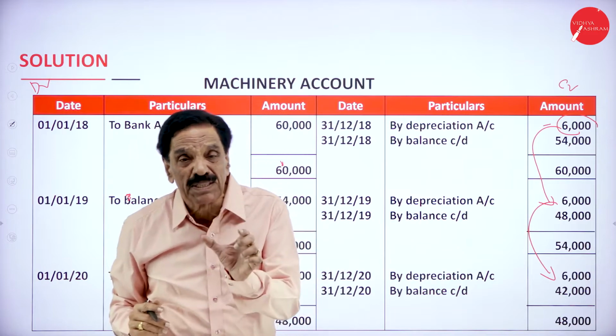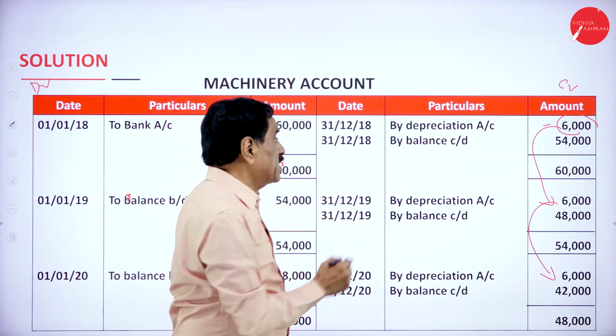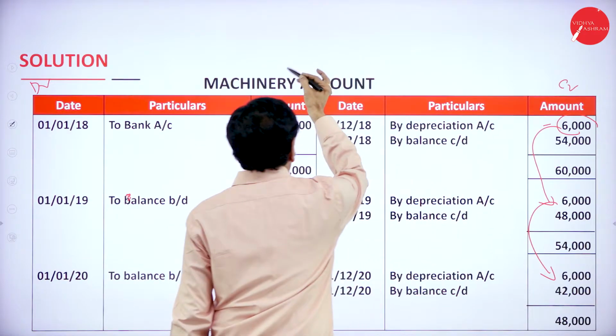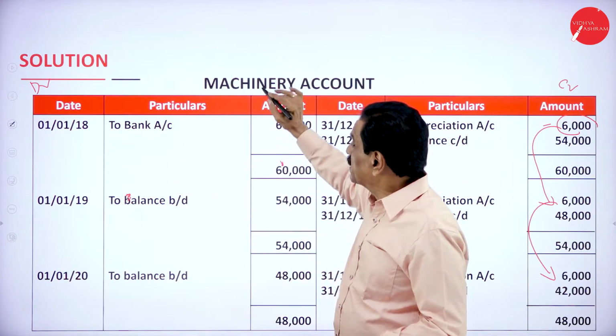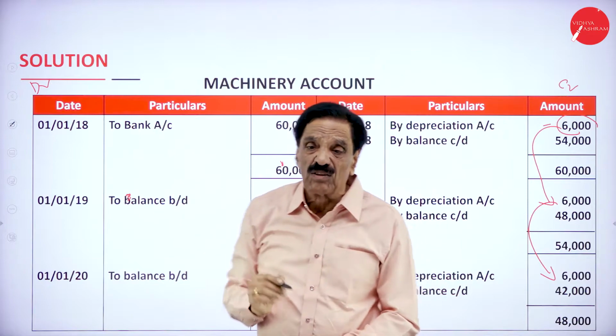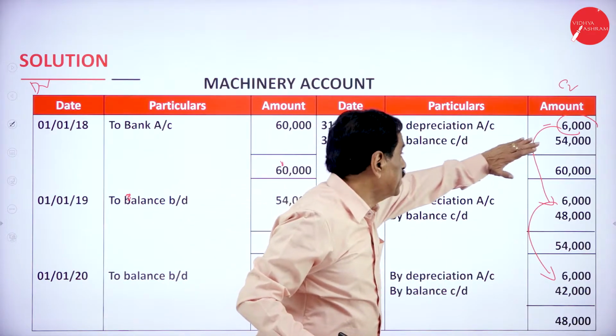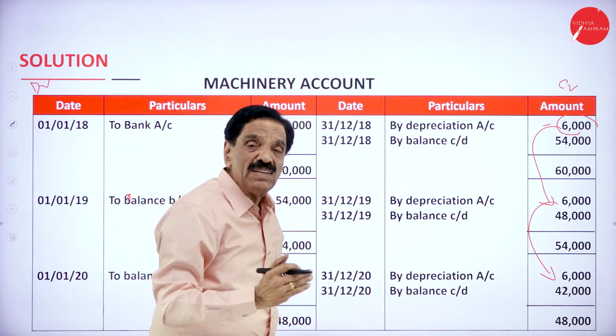What is the rate of depreciation? 10%. 10% of 60,000 is 6,000. What is the entry? Depreciation account debit to machinery account. You must be careful to pass this entry this time. On this side, by depreciation, the value has come down to the extent of 6,000.